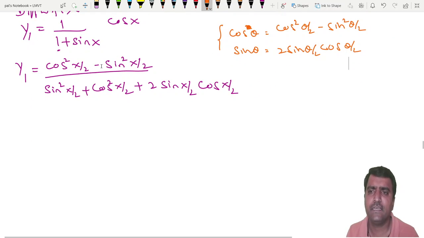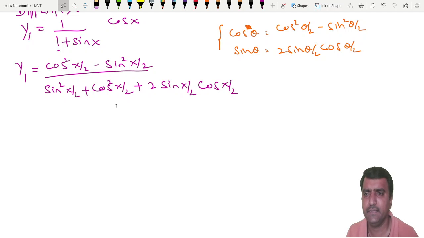In the numerator it is cos square x by 2 minus sin square x by 2. Cos square theta minus sin square theta can be written using the formula x square minus a square equals x minus a into x plus a.